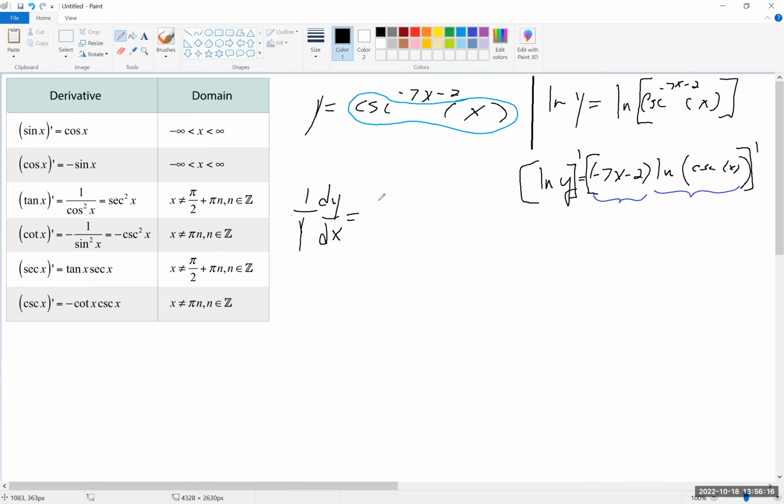So we're going to take the derivative of the first function, which is negative 7x, and then keep the second function as is, natural log of cosecant of x. Just because of space, I'm going to put the plus sign here, because now I'm going to take the derivative of the second piece.